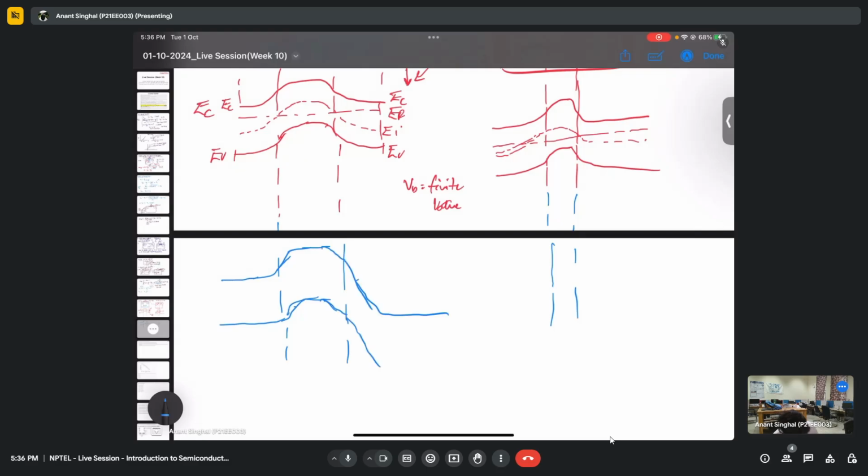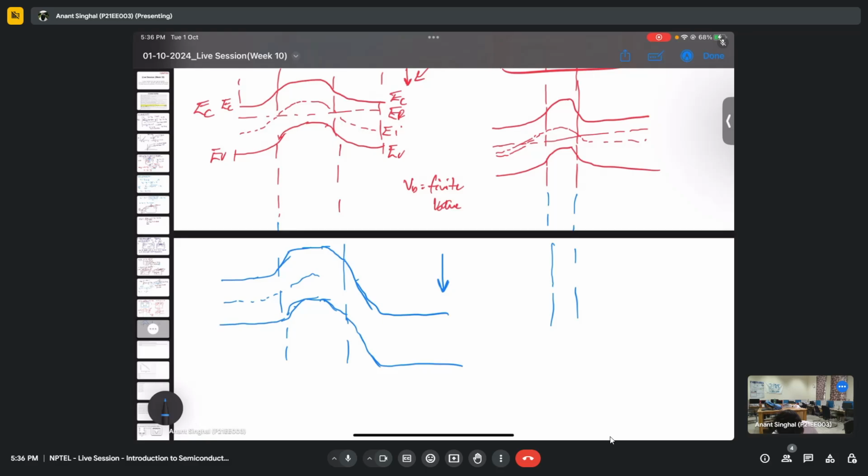I hope you are trying to understand that this is going at the lower side. This will remain flat. So basically, this is what the barrier is, right? Between the source and the drain, the channel. So if I apply a certain VDS, this thing will go lower. And this is what it will look like for this particular context.